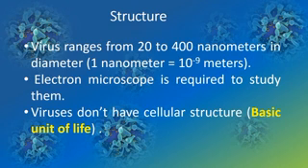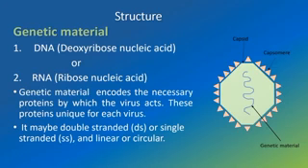The genetic material of a virus can be either DNA or RNA. This genetic material encodes the necessary proteins which the virus needs. These proteins are unique for each virus. The genetic material may be double stranded or single stranded, and linear or circular.